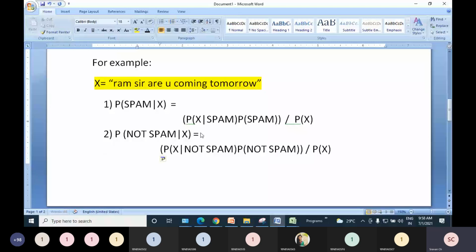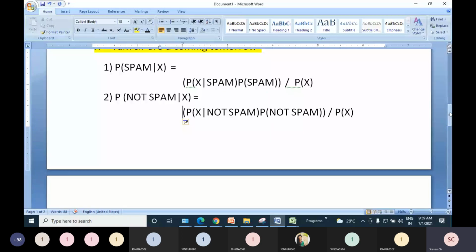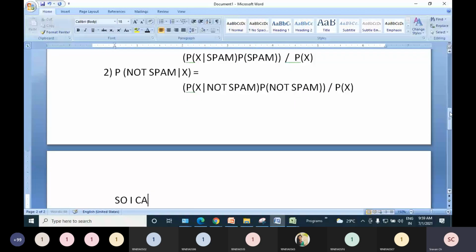If you observe, in both equations the denominator is P of X, which is common in both cases. In both cases the denominator is the same. So I can ignore or truncate the denominator.